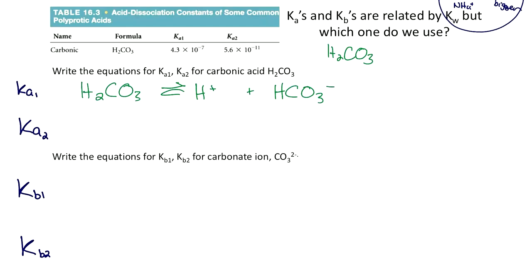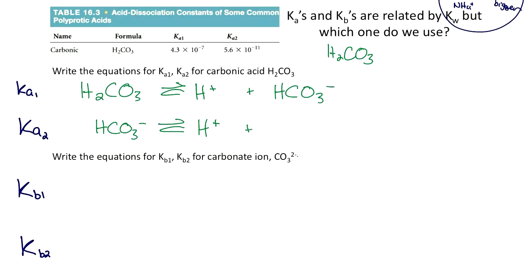Is it carbonic acid, H2CO3? Is that my product in Ka2? Nope, we already took off one proton, so the product in the previous one is now our reactant in the second Ka value. So here we've already taken off that proton, and now we take off that second one. That is what Ka2 is. You take off the second proton after you've already taken off the first.